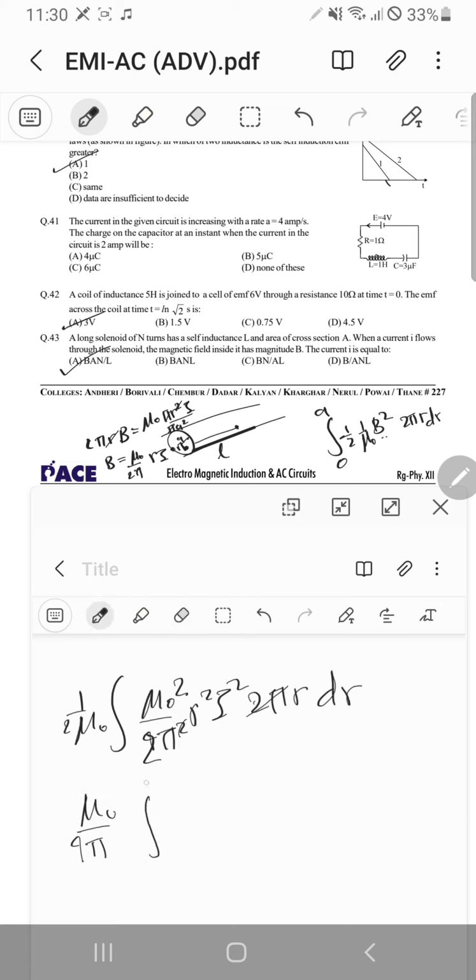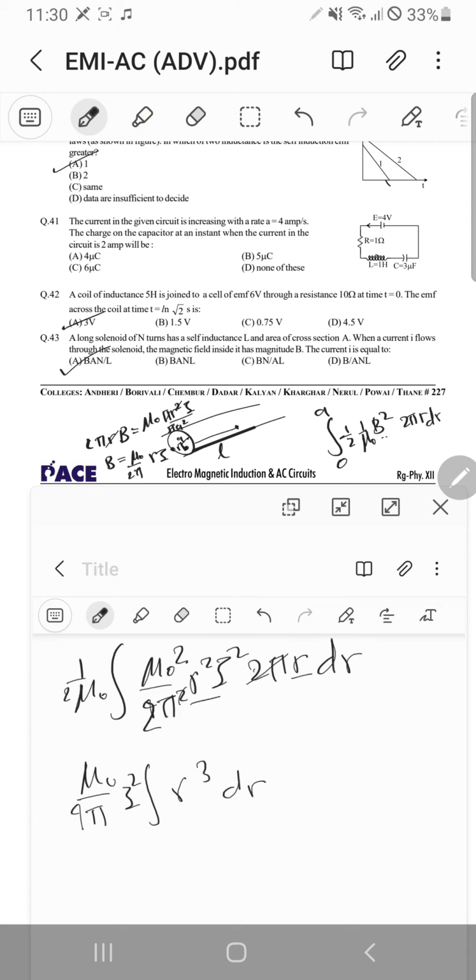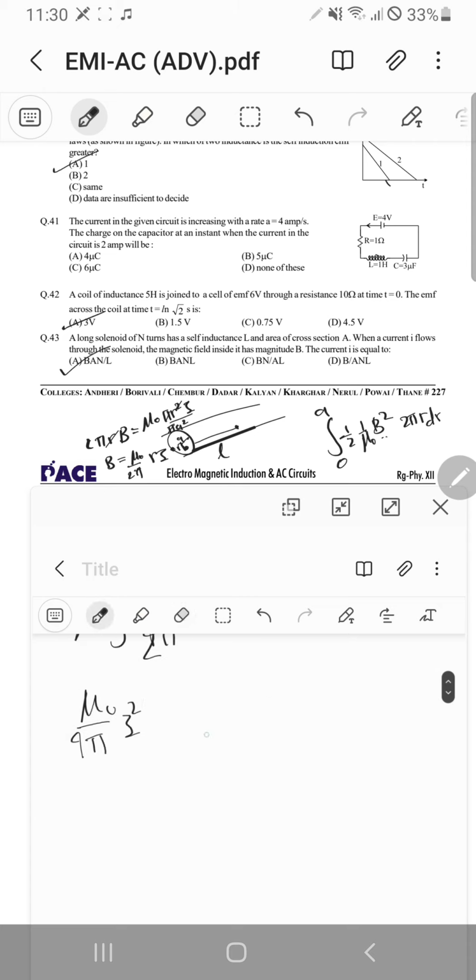It's somehow similar to what capacitors do. You got I squared over there, that's a constant, and everything cancels except r cubed dr, which turns out to be r power 4 upon 4.